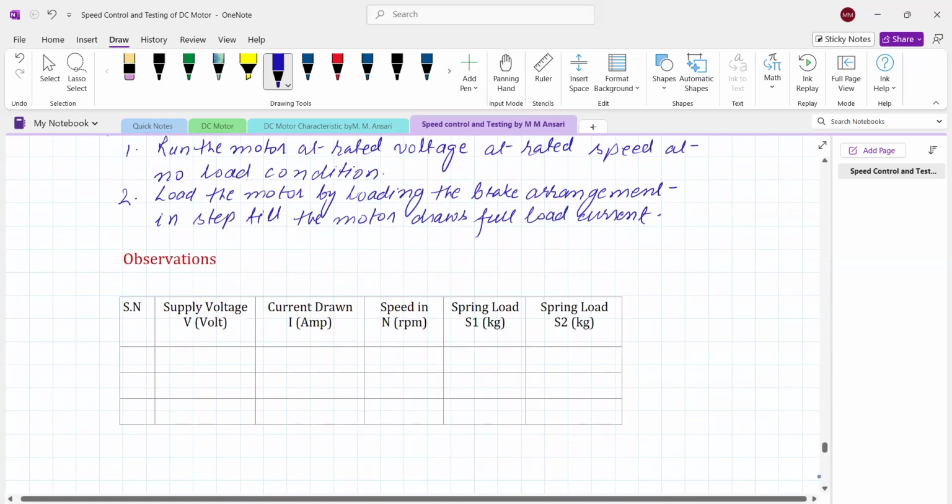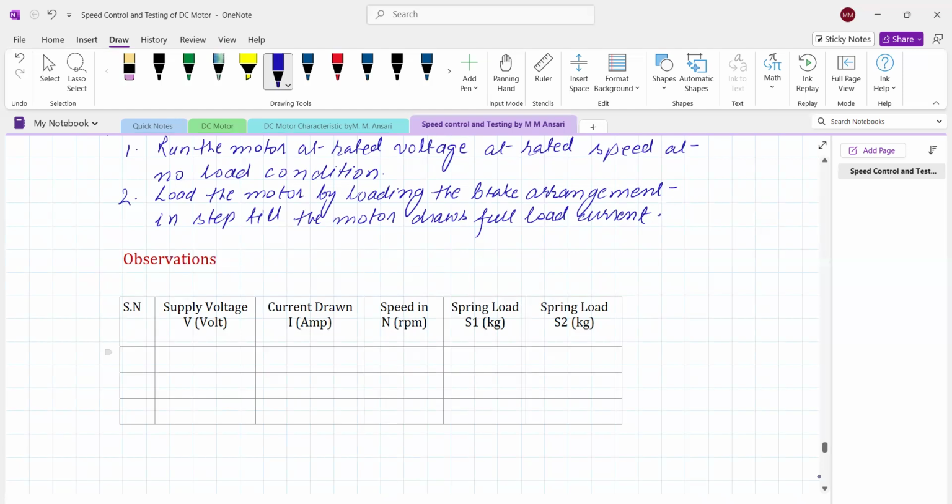The observation will be, say here, supply voltage. For example, 230 volt is the rated voltage, or 220 volt is the rated voltage. No load current, no load speed is given as 1500 rpm or whatever the reading is.